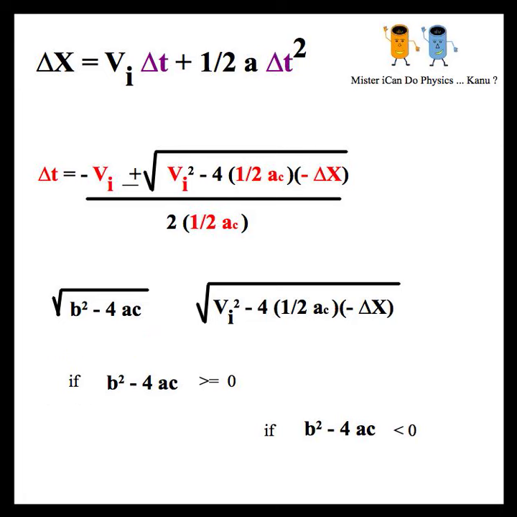Finally, if b squared minus 4ac is less than 0, it would mean we were attempting to take the square root of a negative number. One of 2 things will have happened. First of all, recall that in mathematics, square root of a negative number is not such a big deal.